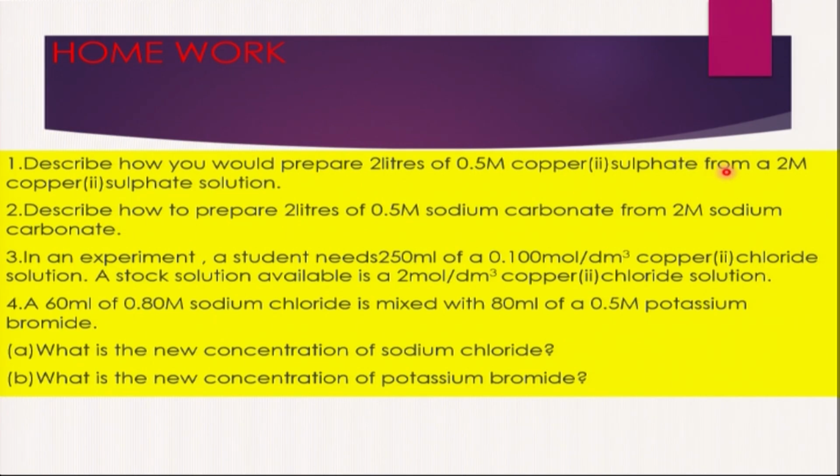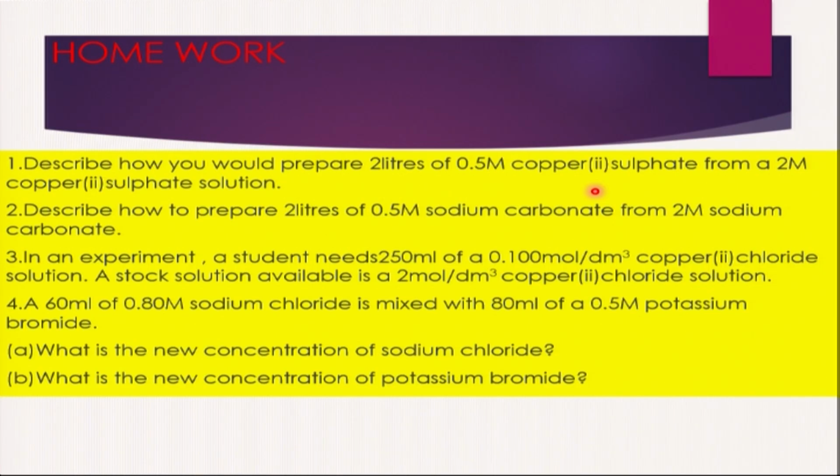So what do you need to do? You need to calculate V1 by just substitution. But what do I need? I need the steps. After calculating V1, the volume that is required, measure accurately that volume, transfer that volume into a volumetric flask like this.